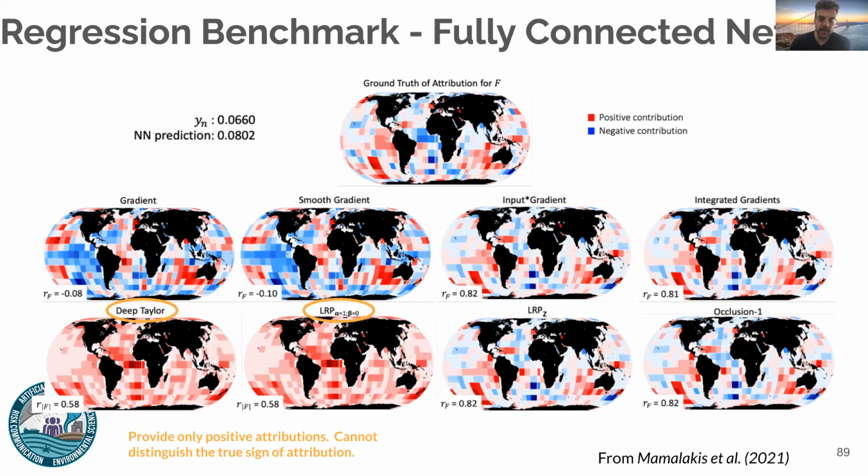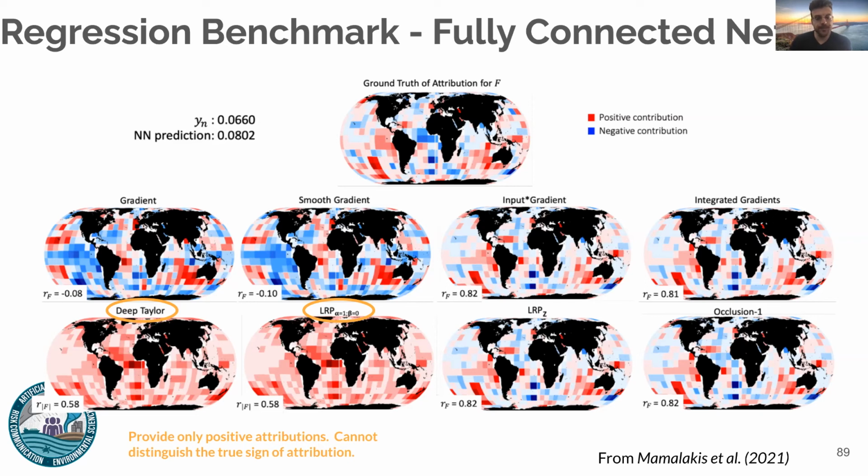And this cannot be true. Looking into the details of the algorithm of these methods, one can detect mathematically why these methods by construction cannot distinguish between the sign of the attribution. And this is something that we wouldn't know if we didn't have this prior estimate of how the attribution should look like.